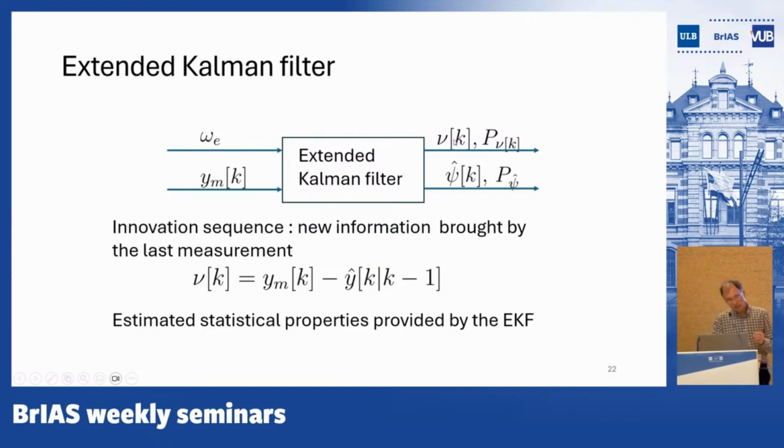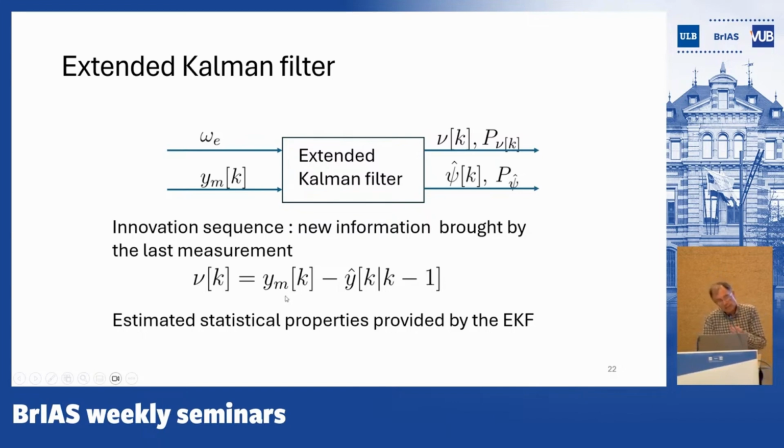The innovation signal is simply the difference between the measurements and the prediction of my measurements from the previous data. So this is the prediction of my current at time k, given all the available measurements up to time k minus 1. And so it's called innovation because it's the new information brought by the measurements at time k.